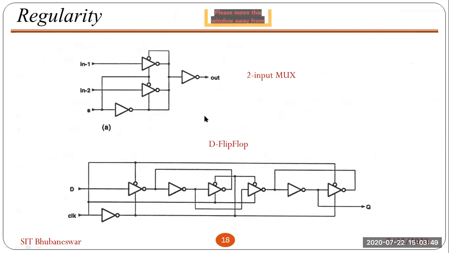Once you have designed one tri-state buffer, you can use it anywhere tri-state buffers are used. So these are the regular things, and you will not spend time designing all these things again.